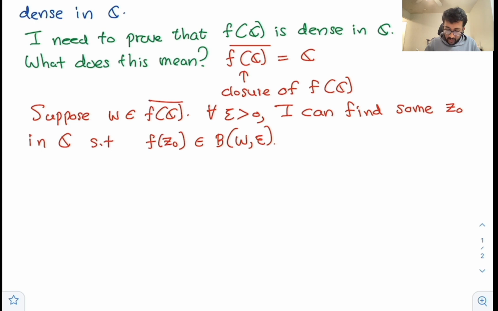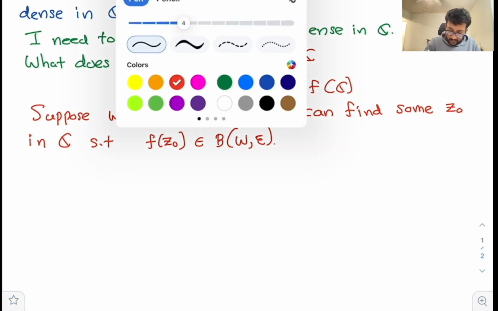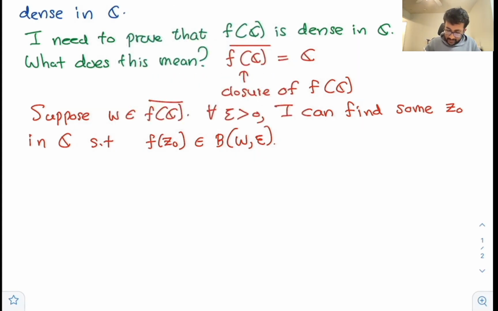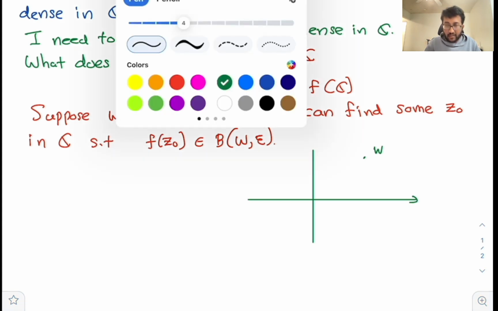If I draw a small diagram, this is what it says. I have some point w. If w is in the closure of f(C), it does not matter what disk you select.